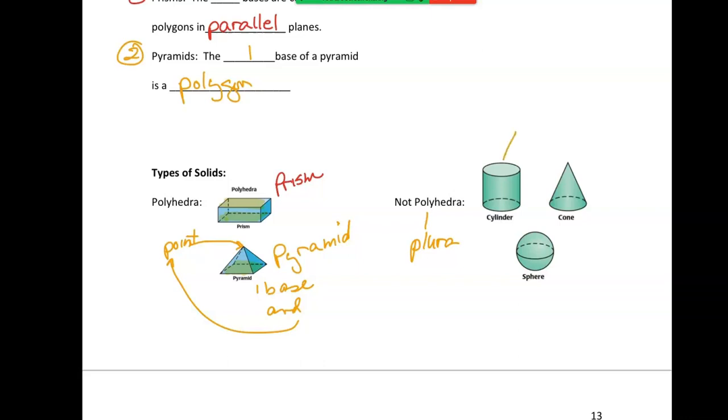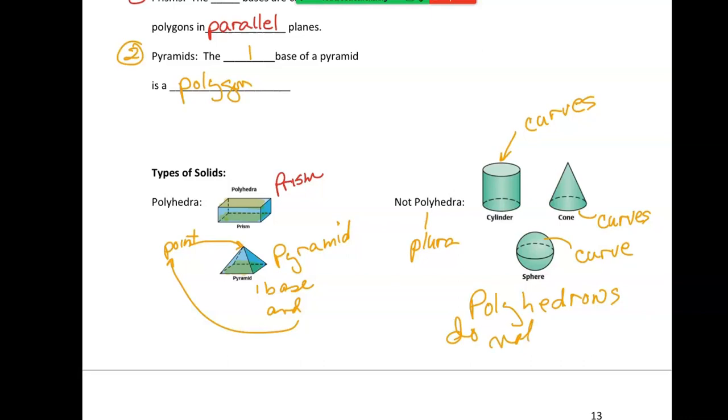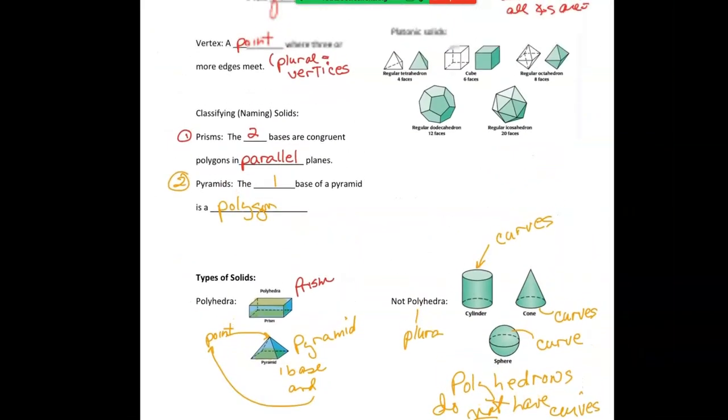Well, if you have a curve, all of these curves, here, here, here. So I'm going to say polyhedrons do not have curves. If it has a curve, it's an interesting shape, but it's not a polyhedron.